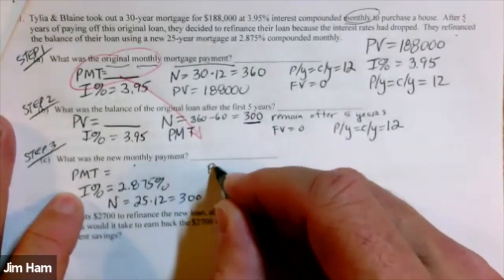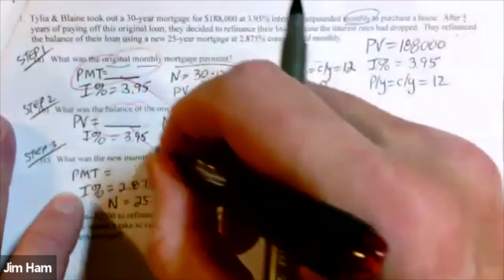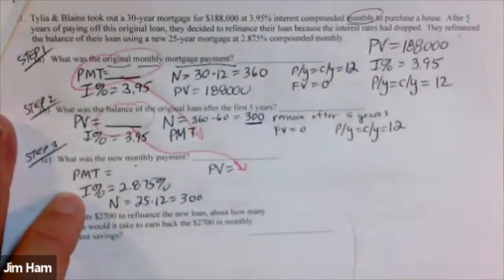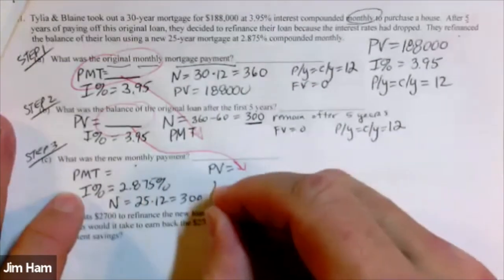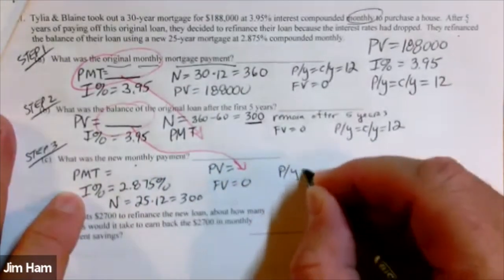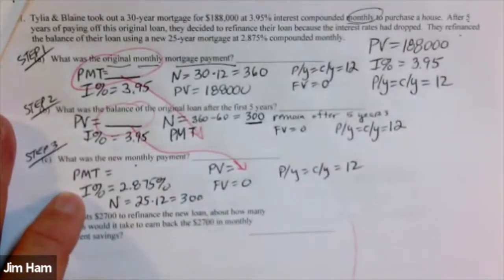The present value is what we find here, and then we bring it down. So you really can't answer the next problem until you do the previous one. Again, future value for a present value problem is 0. Payments per year, compounding per year, again 12 throughout.